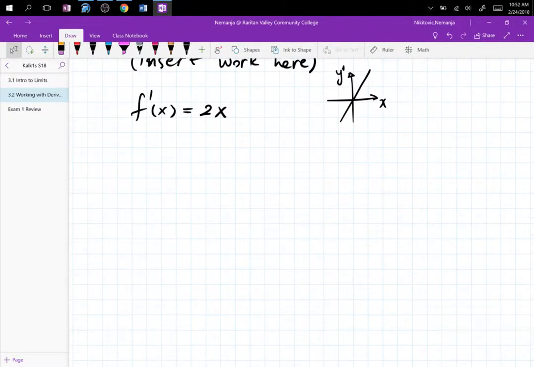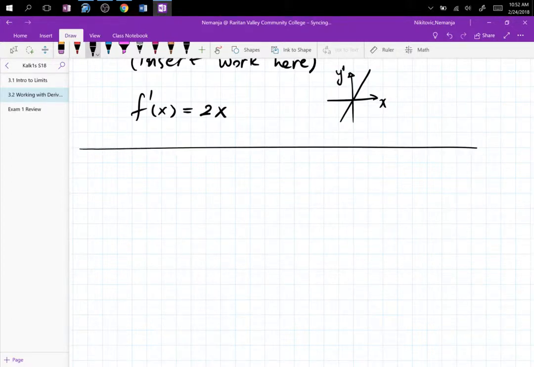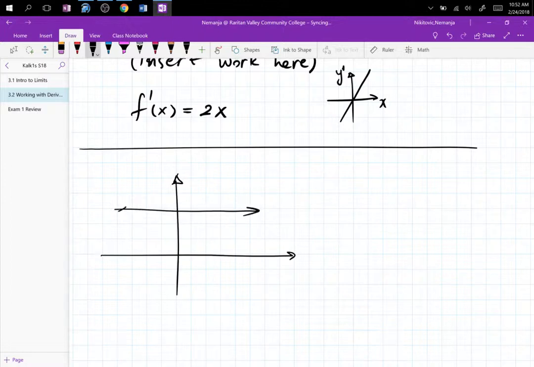So let's do this in stages. The first graph I want to consider is the graph of the constant function. Say this is going through 3, so y equals 3 or f of x equals 3, whatever you want to call it. It's the same thing.